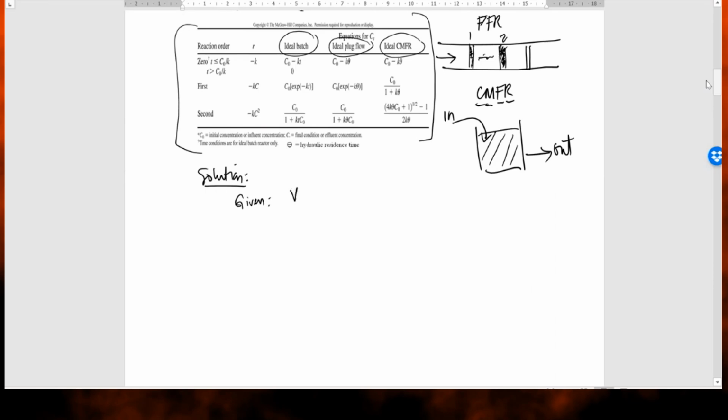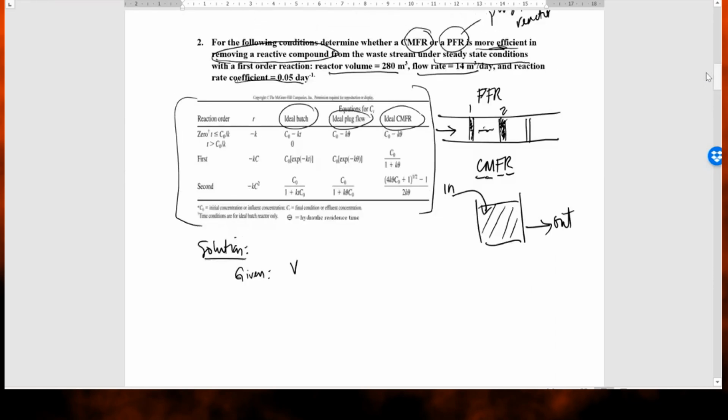The reactor volume is 280 cubic meter. Then we have the flow rate, 14 cubic meter per day. And K, the reaction rate coefficient, is 0.05 per day. So those are the given.